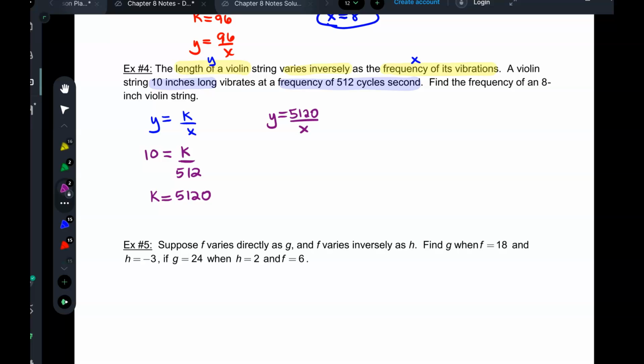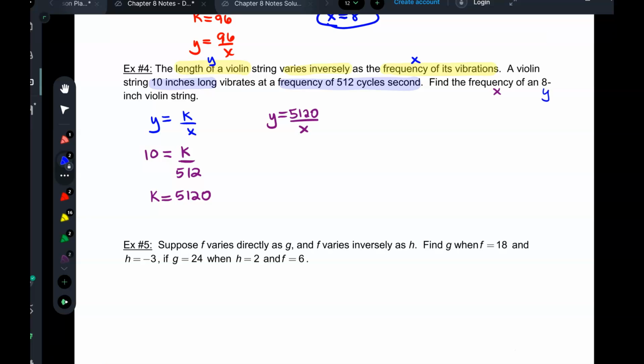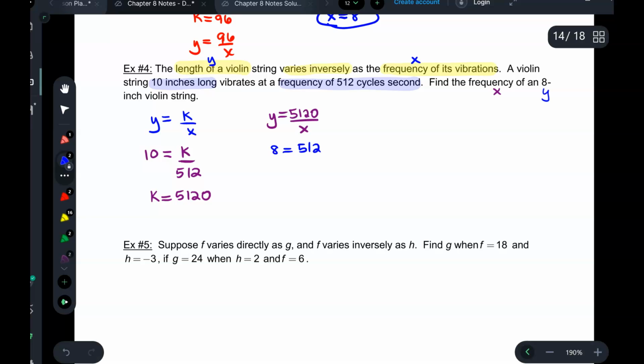Now we want to find the frequency, which is X, of an 8-inch string. That's a value of Y. When you're reading them, keep straight which one's X and which one's Y, because you don't know which one you're going to be solving for. So now we have 8.